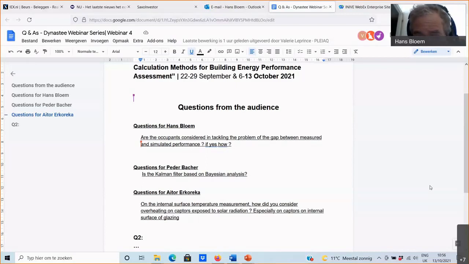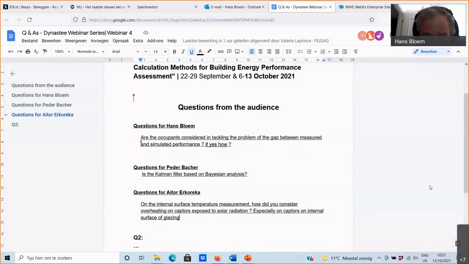But of course, you can also have other data that is dealing with it, for example, the consumption of water. When there are people in the building, they consume water, and this gives a kind of information about what they are using.